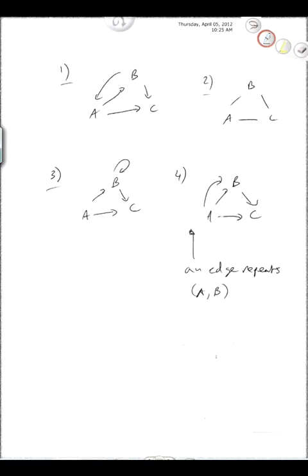The only graph that has a self loop in our examples here is graph number 3.